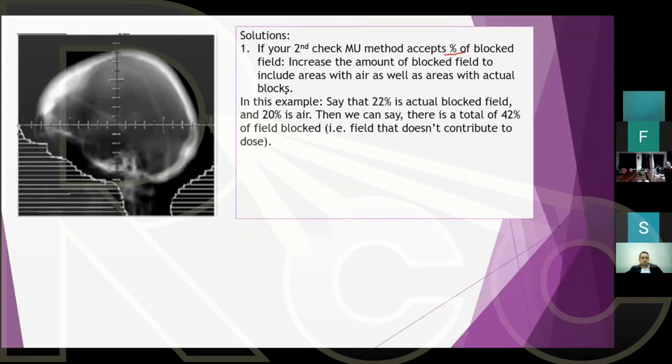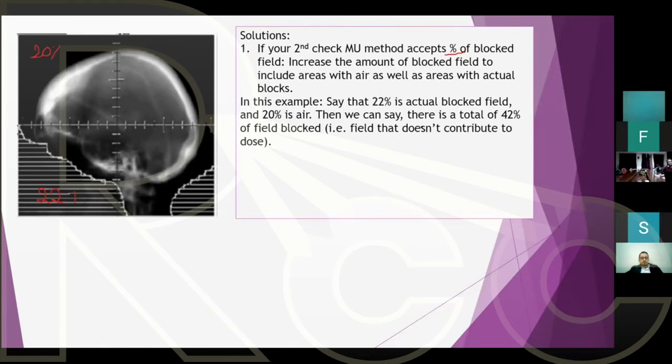But what we do is, okay, we say I have 20% blocked. These are just made-up numbers. So let's say 20% blocked, and then you estimate that the air is also another 20%. Meaning approximately a fifth of this region is air.